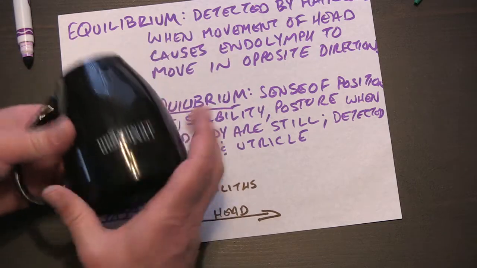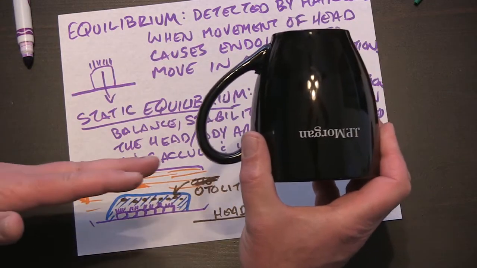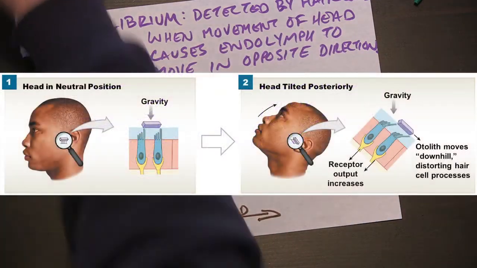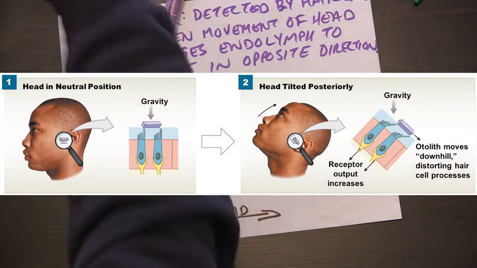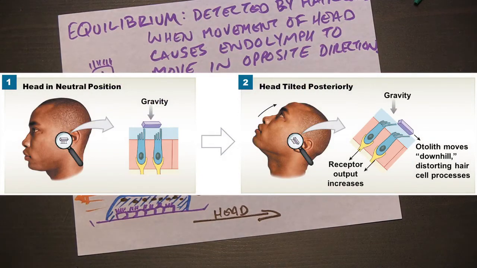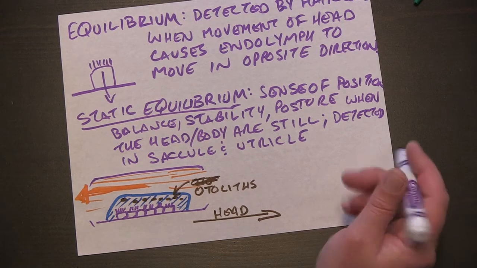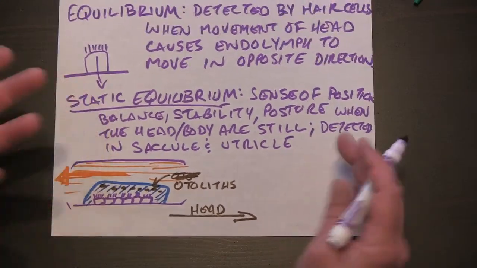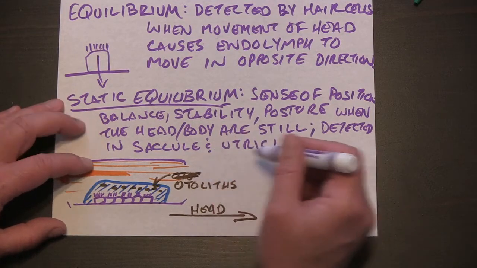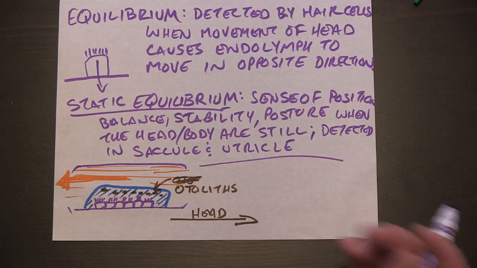Same thing if you accelerate really quickly: the gelatinous matrix is going to get pulled in the opposite direction, and you're going to detect that within the utricle and saccule. Okay, so that's static equilibrium. So this is like if you're hanging upside down and you're not moving, you know that you're hanging upside down because of the static equilibrium, even if your eyes are closed.